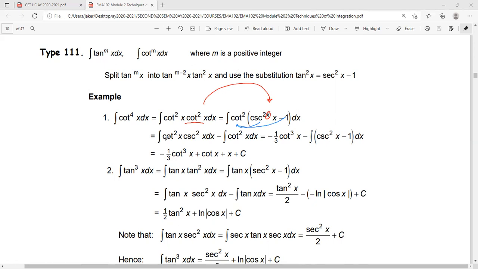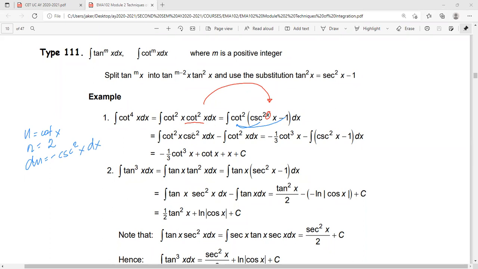Now for the cotangent squared of x, cosecant squared of x dx, it's the same as the previous examples given to you. Your u is your cotangent of x. In this case, your n is 2. Your du is negative cosecant squared of x dx.